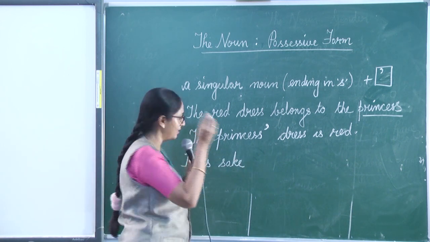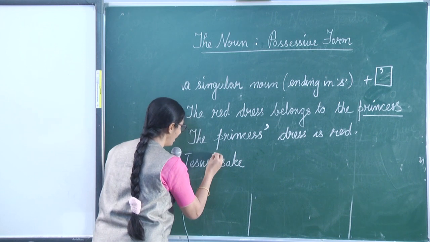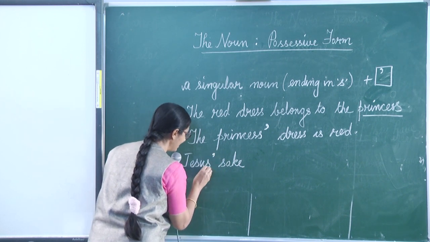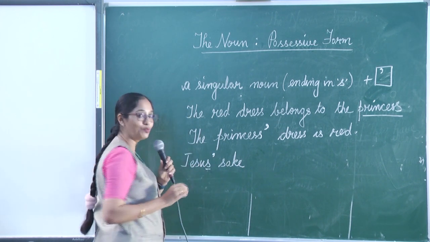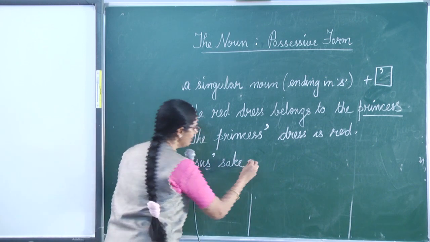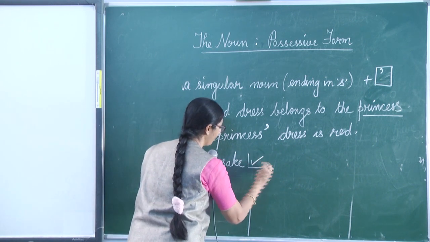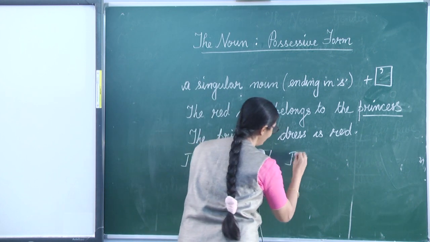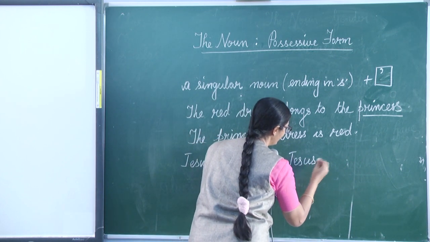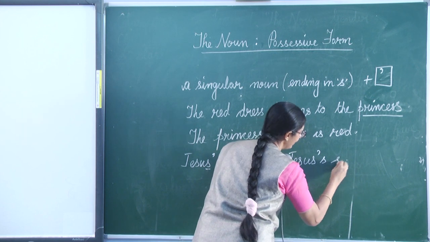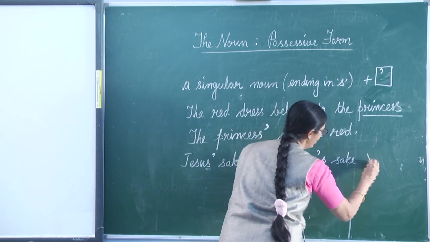So the correct form is after Jesus, because Jesus ends in s, put an apostrophe. So this is the correct form. We never write like this, Jesus apostrophe s sake. It is wrong.